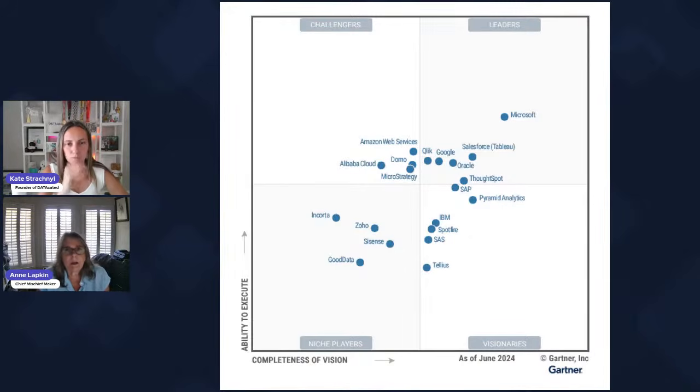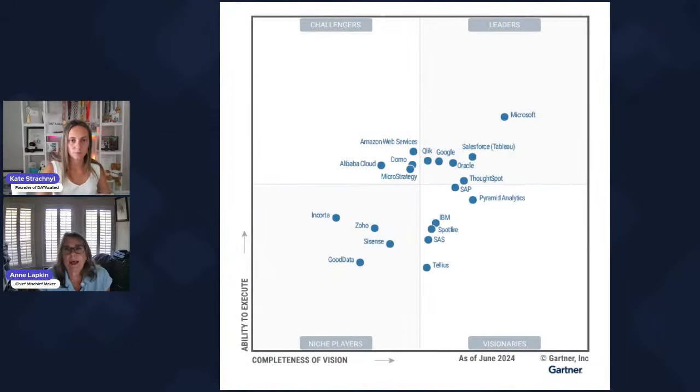So that's not just about how good the product is, but it's also about how effective they are at selling, how well they treat you after they take your money, a whole bunch of other things, how good they are at anticipating what the market is going to need in the future, and so on and so forth. So you basically have four quadrants.